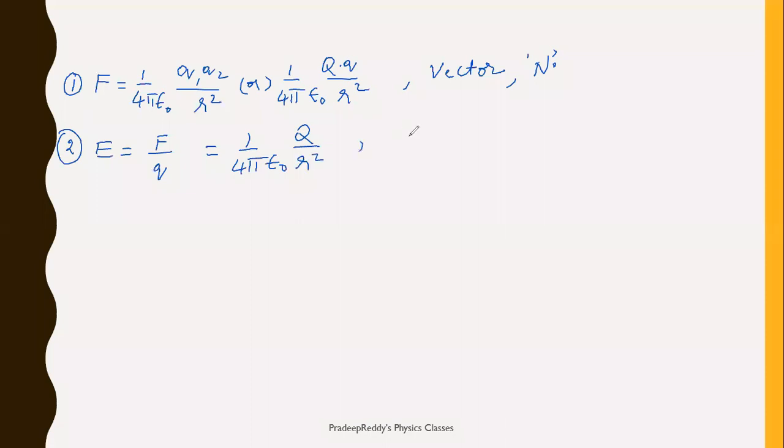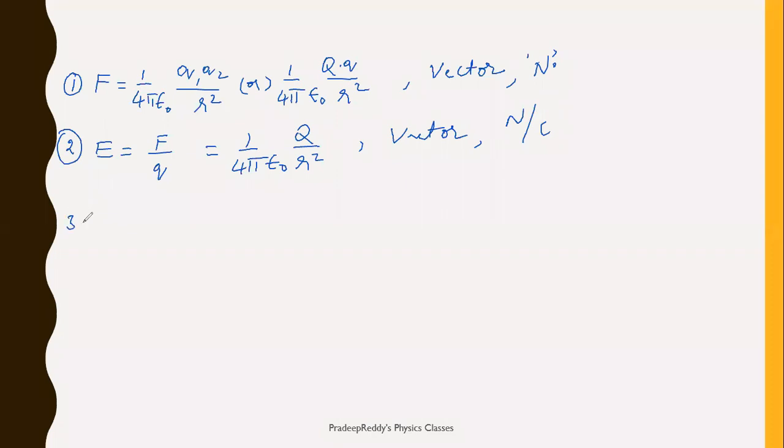Electric field is also a vector quantity. The unit of electric field is Newton per Coulomb. You can write the relation between electric field and electric force. They are interlinked with each other, which we have learned in the previous lecture.